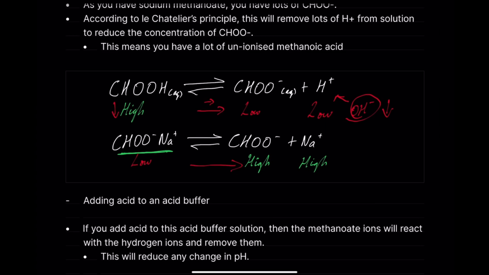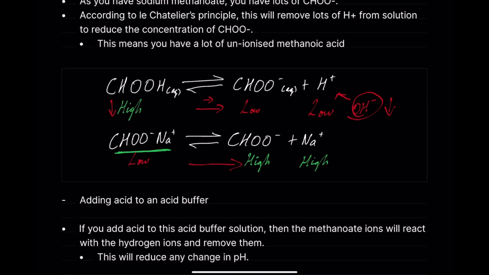So as hydroxide concentration increases, because this is a buffer, the increase in hydroxide concentration will react with the H plus in our solution, and that would decrease the concentration of any OH minus that has been added to our solution.